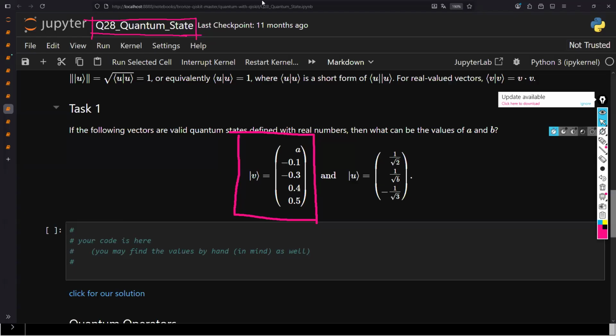Post an answer in the chat, for example, as a fraction, or like A equals 0.9, or A equals 0.1. It's up to you, but try to come up with this answer, and you can answer it in the group chat. So I will give you 2 minutes.